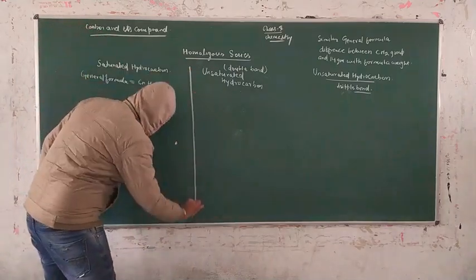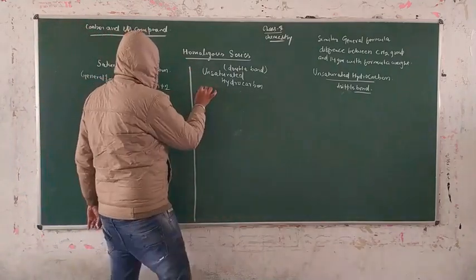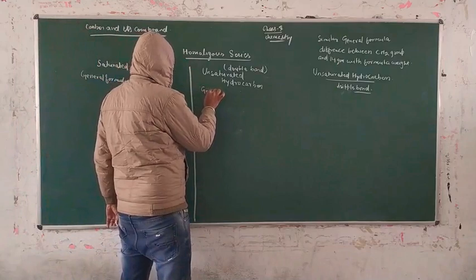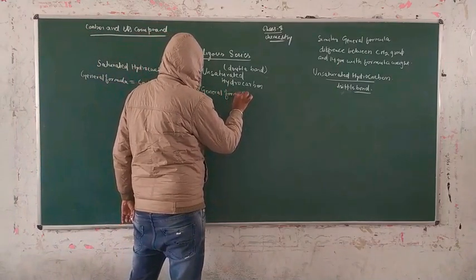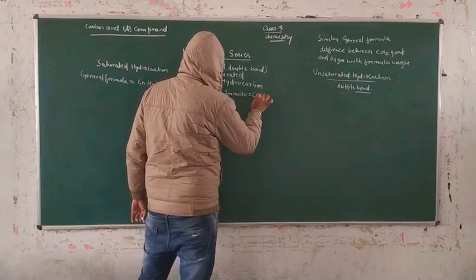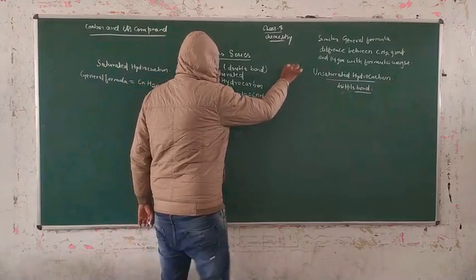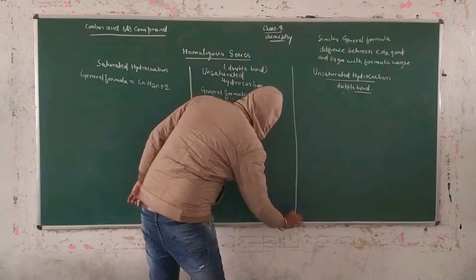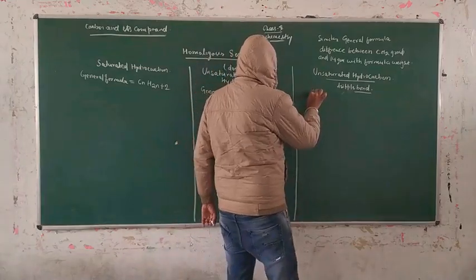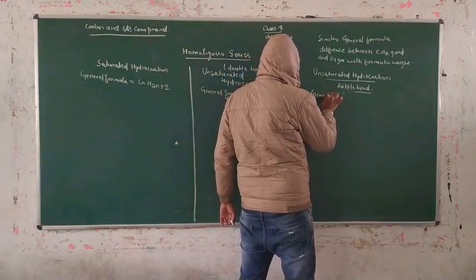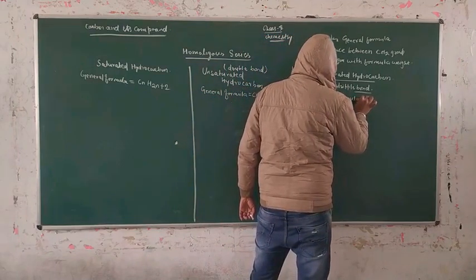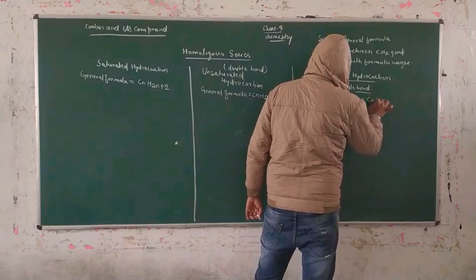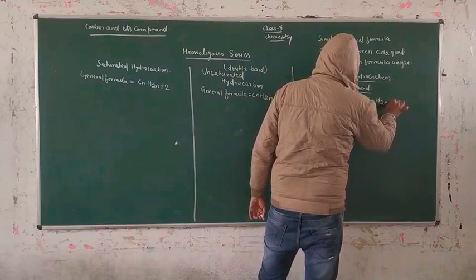For the next one, the general formula is CnH2n. And for the other, the general formula is CnH2n minus 2.